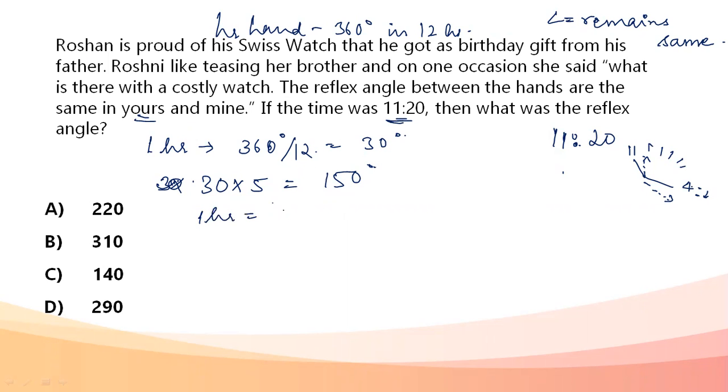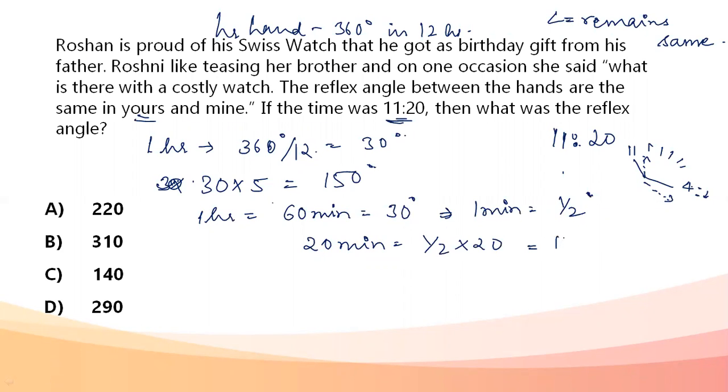But 1 hour is also equal to 60 minutes. So for 60 minutes, the hour hand is moving 30 degrees, so for 1 minute it would have moved half a degree. So for 20 minutes, it would have moved half into 20, that is 10 more degrees.